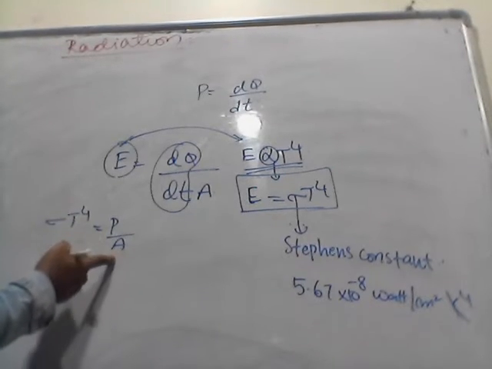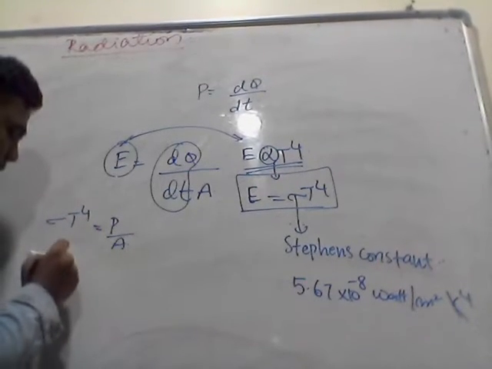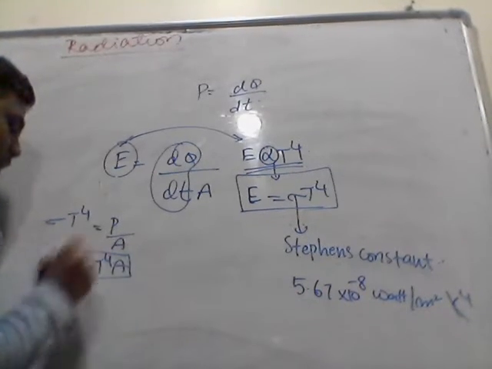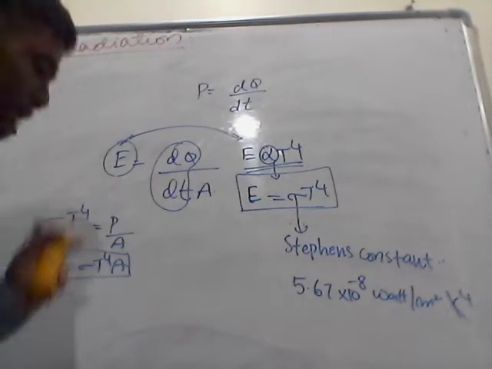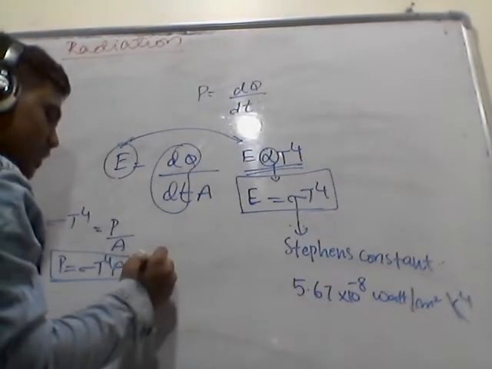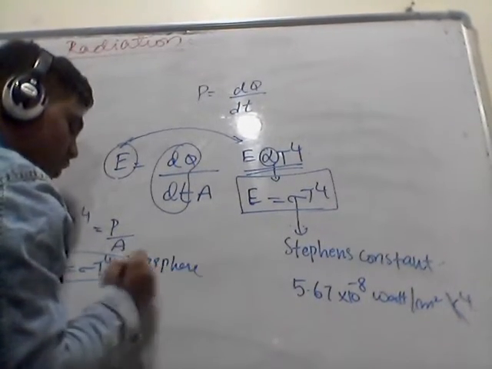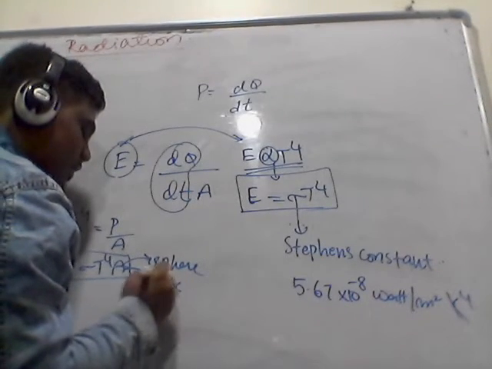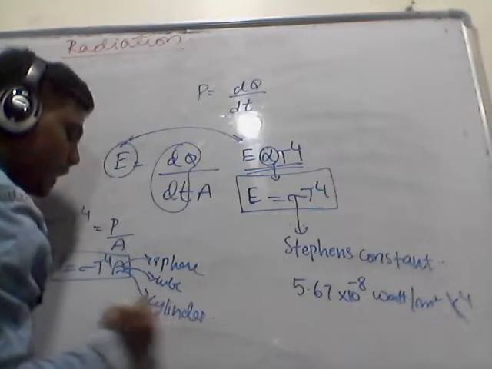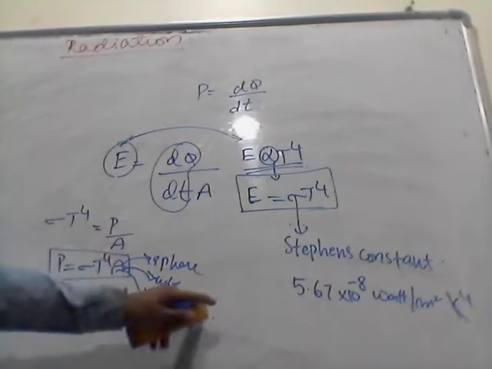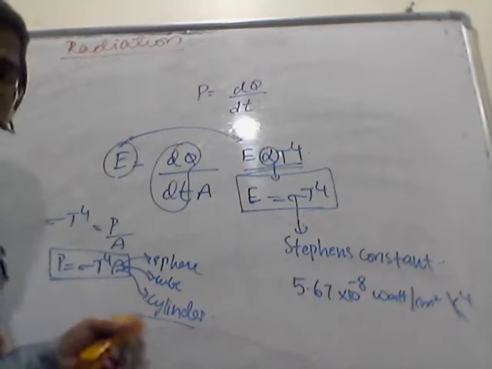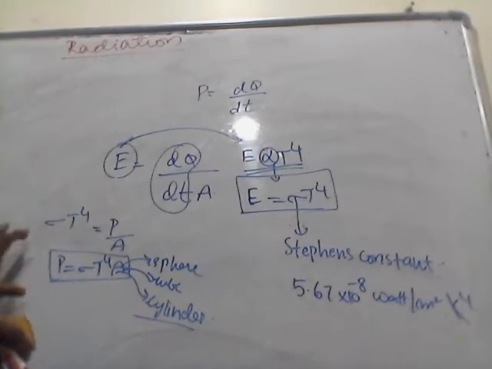Hence area I am transposing to this side, so it becomes power is equal to sigma T power 4 into area. And this area depends on whether it is a sphere, a cube, or a cylinder. So different areas we will be using for a sphere, cube, and a cylinder. This is another basic important formula that we will be using.